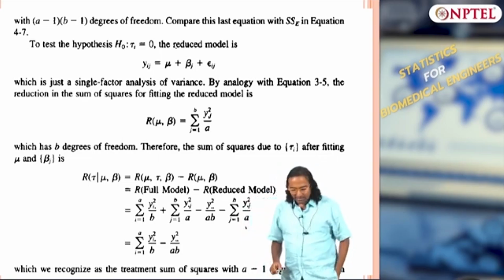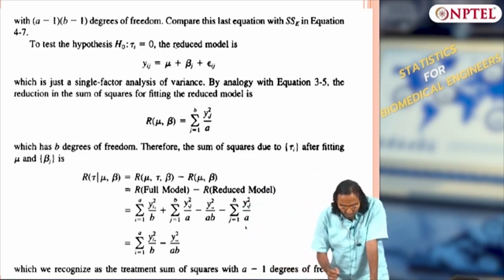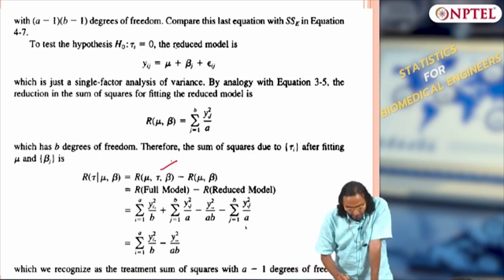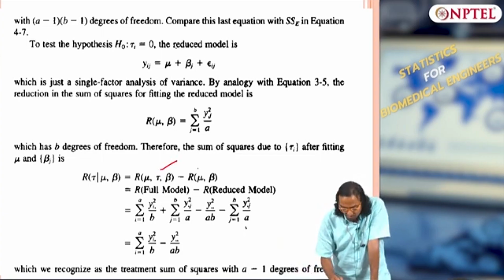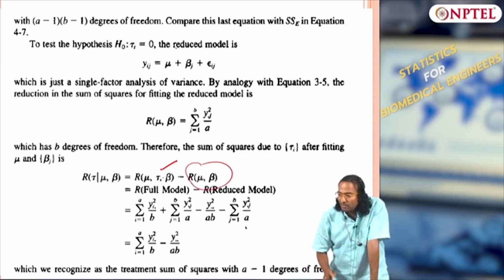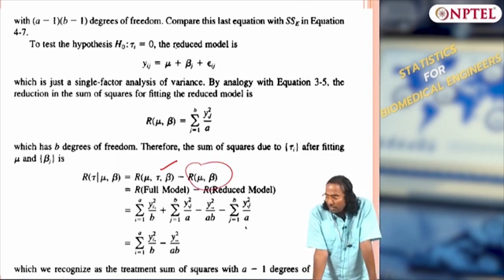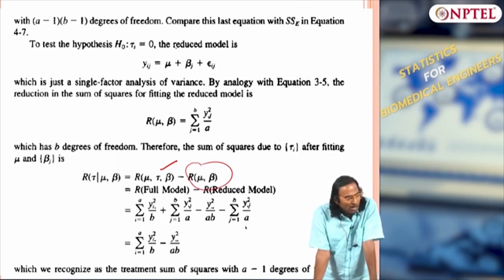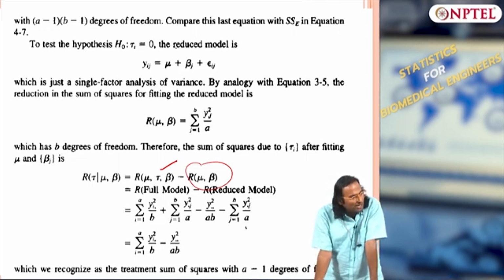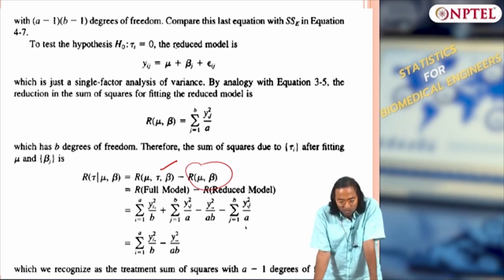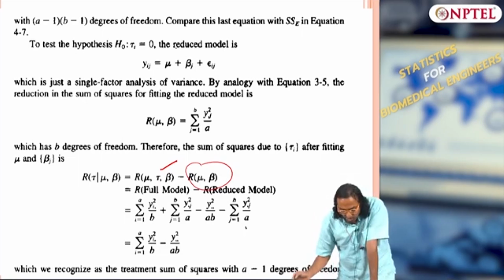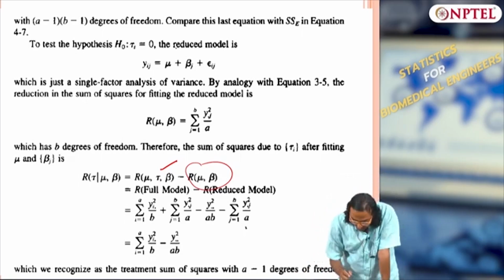I can call it R mu comma tau comma beta minus R mu comma beta. That will give me the effect of treatment alone. The R due to the entire model minus the R due to the blocks, the remaining is tau. So R full model minus R reduced model. R reduced model, how do I get R mu comma beta?